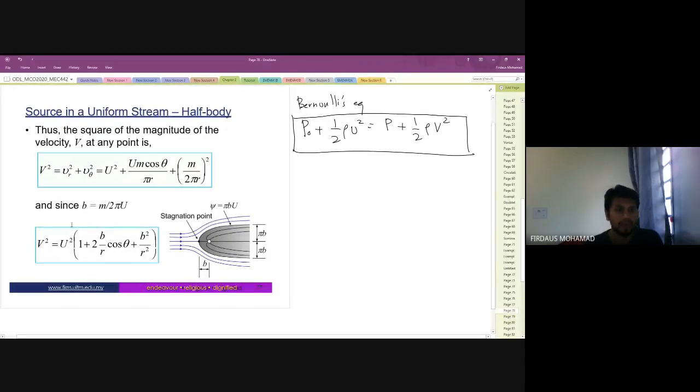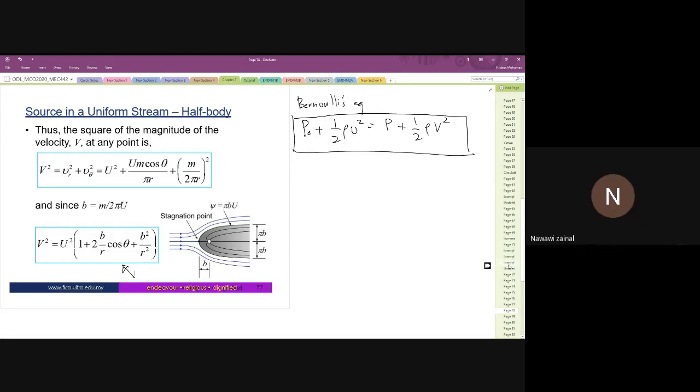This is the equation: V squared equal to U squared, U from the free stream, times 1 plus 2b over r cos theta plus b squared over r squared. So this velocity equation can be used in order to determine the velocity at any point along this streamline.